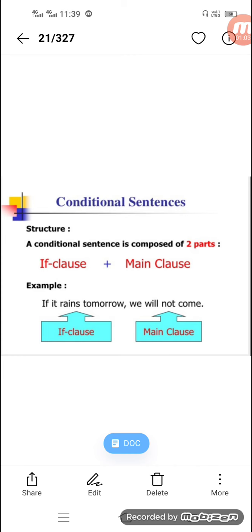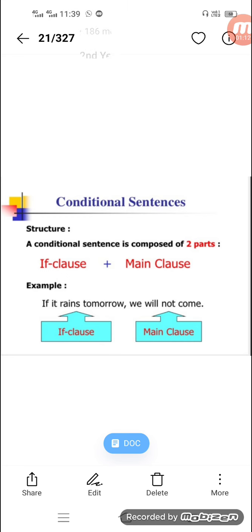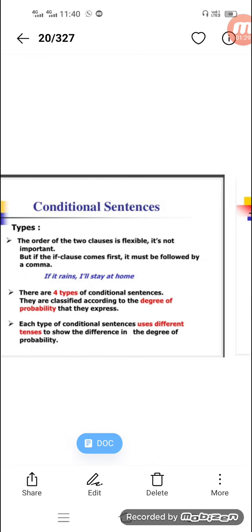It depends upon another sentence, that is main clause, we will not come. We will not come can exist on its own, whereas if it rains tomorrow may not exist on its own. That's why it is a dependent clause, and we will not come is an independent clause which we call main clause, right? This is about conditional sentences.